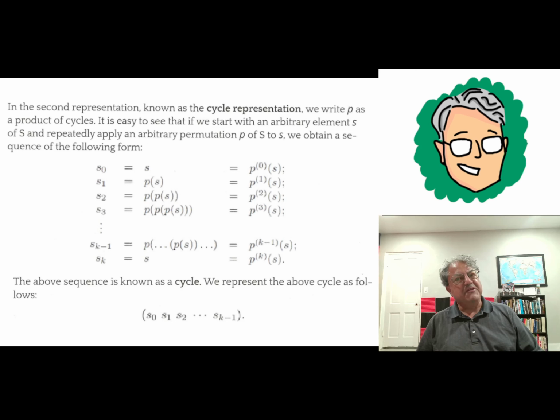So cycles can have any length. They can even have length 1. A cycle of length 1 is what's called a fixed point. The permutation doesn't do anything to that element. Remember, the identity element is an element of every group. I'm not talking about groups yet, but it turns out the set of permutations of a set is a group, and every group has an identity element.